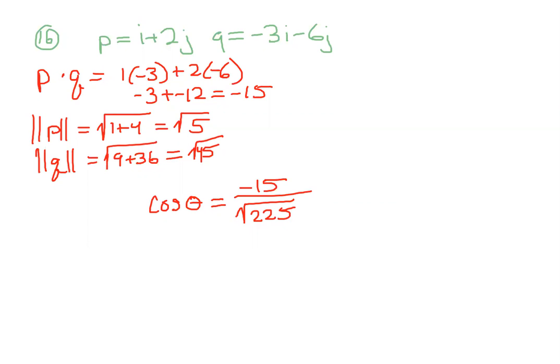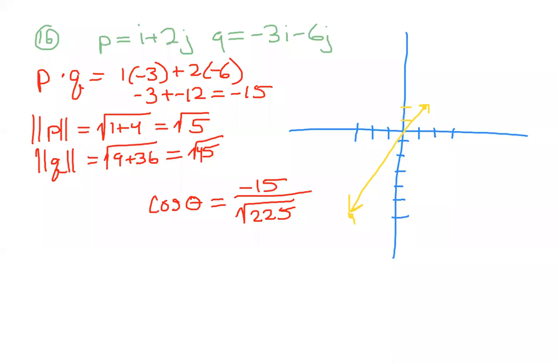Actually, before we do that, we didn't graph these. Let's see what they look like. 1, 2, and -3, -6. Ooh, look at those. What do you think your angle is going to be?